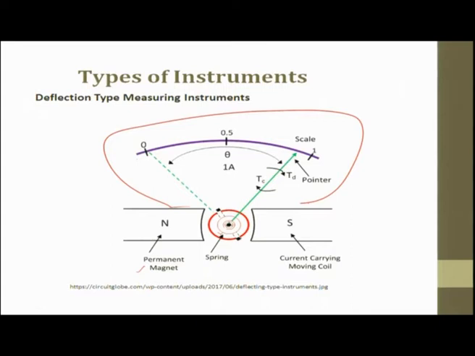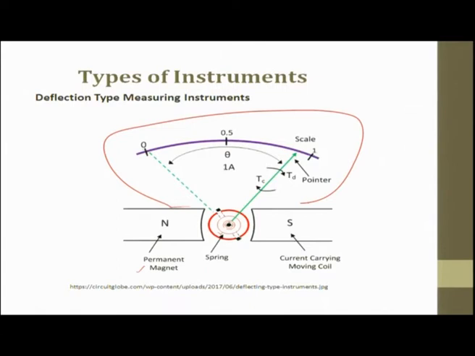Okay, you see the graduations here, and this is a pointer which moves from 0 to 1. This moves 0 to 1 depending upon the current carrying moving coil's response. So, this coil swings from the 0th position to the 1st position, right.